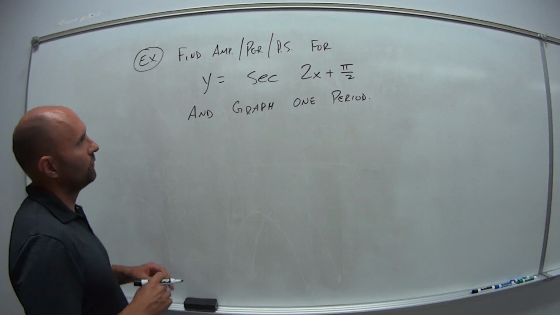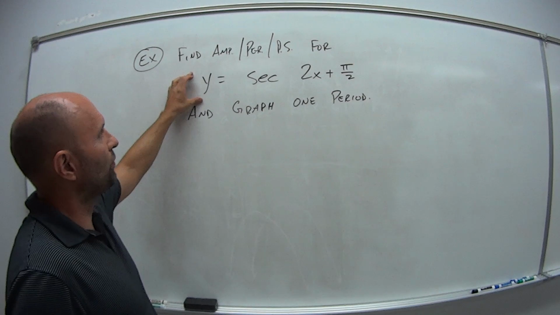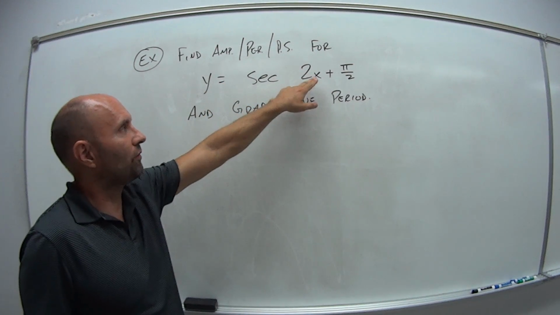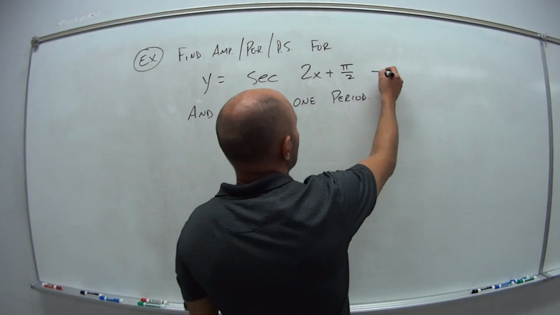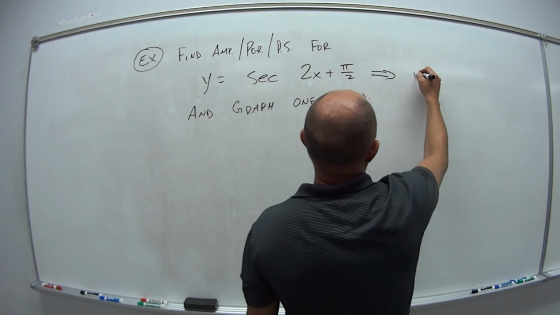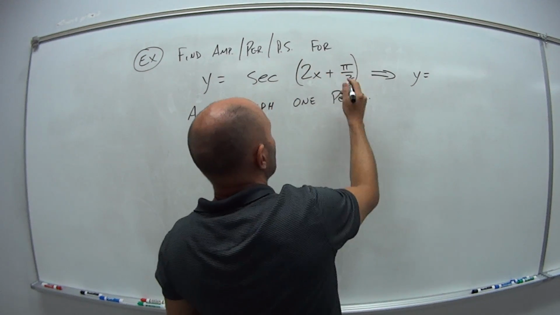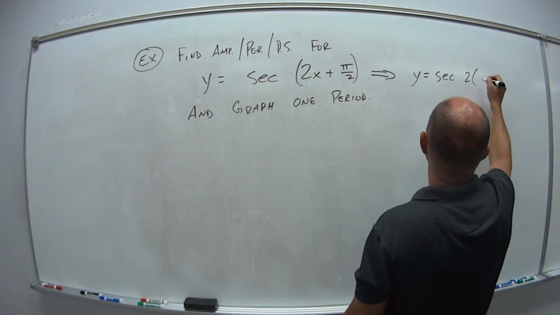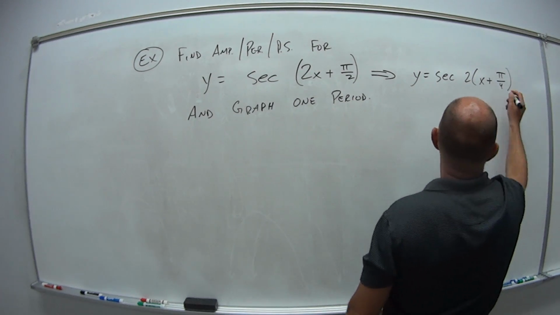All right, so the first thing we have to do when we're dealing with these kind of problems is make sure our x is by itself. So in this case, as with the other examples we've done, we have to factor that out. So we can rewrite this equation as y is equal to, if I factor a 2 out of this portion, secant of 2 times x plus pi over 4.